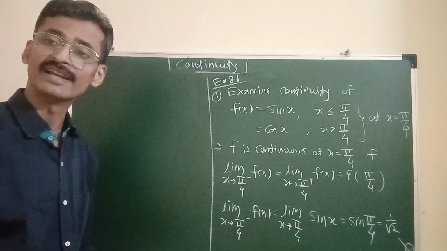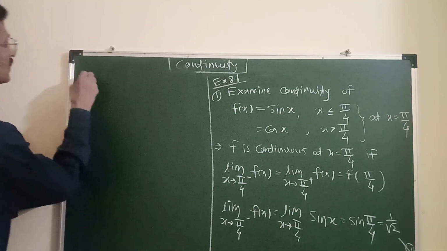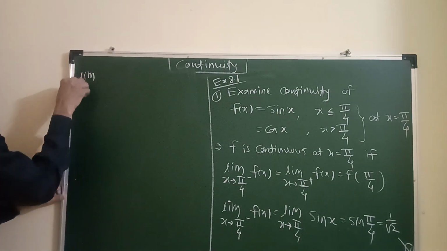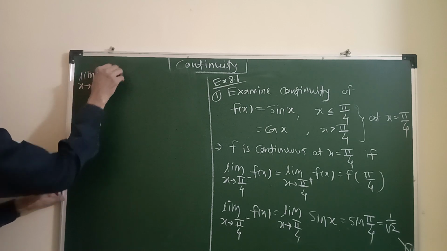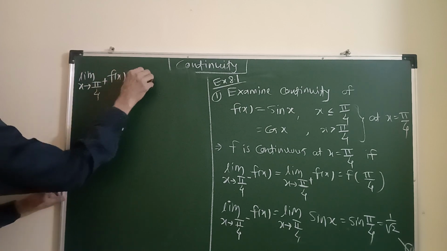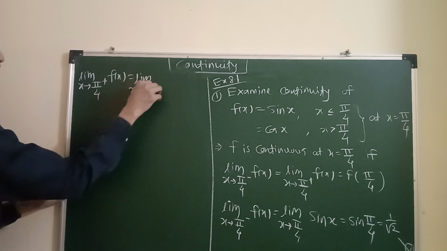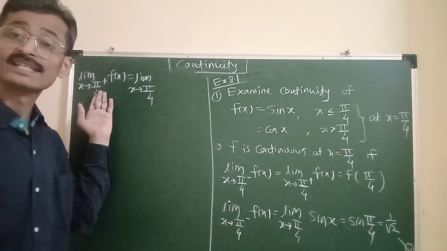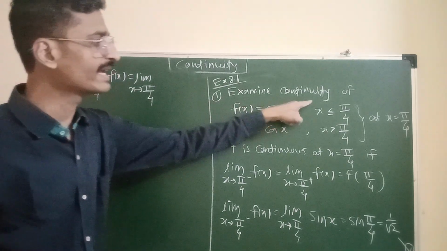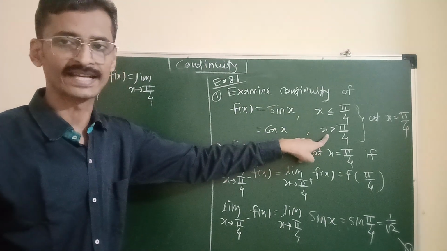Now let us find the right hand side limit. So limit x tends to pi by 4 plus of f(x). Now just write pi by 4. From the plus sign, we know that now x is greater than pi by 4. So where is x greater than pi by 4? In the second part.